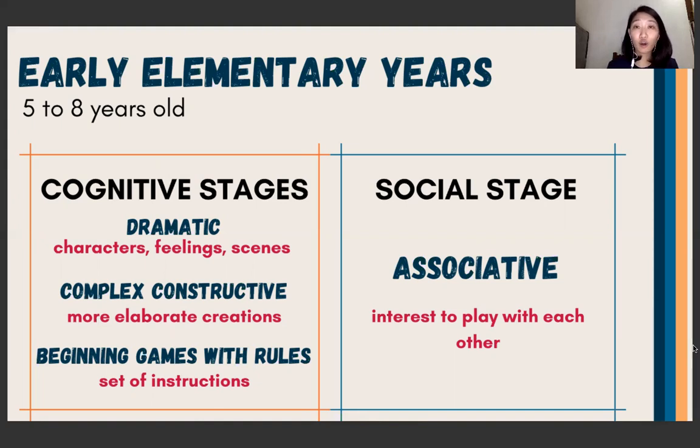Next is the complex constructive play. This is a higher form of constructive play, as previously mentioned, in which children build more elaborate or more detailed creations. For example, creations of houses with different rooms and items inside, or armors and shields with different functions that they could think of.